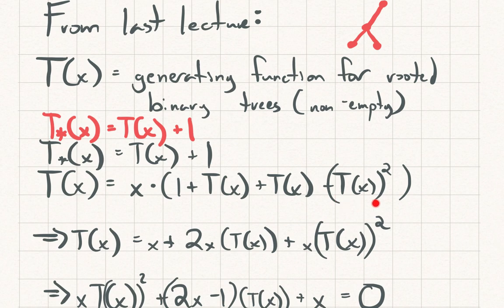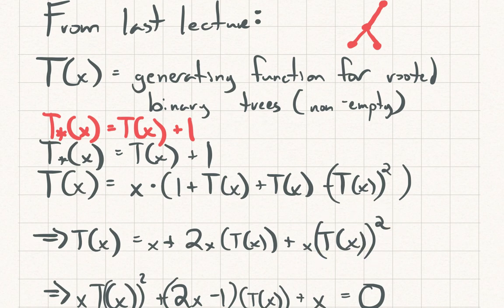x. You can see here we have t of x all squared, so you can imagine we'll have to do the quadratic formula at some point. So let's multiply through by x, so we get x times x t of x plus x t of x, that's 2x t of x's, plus x times t of x all squared.